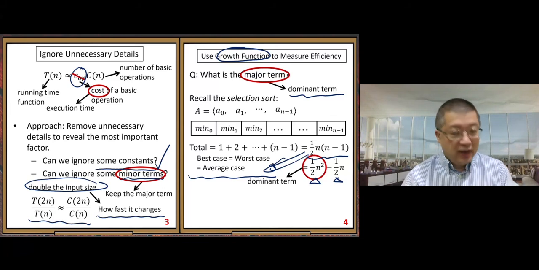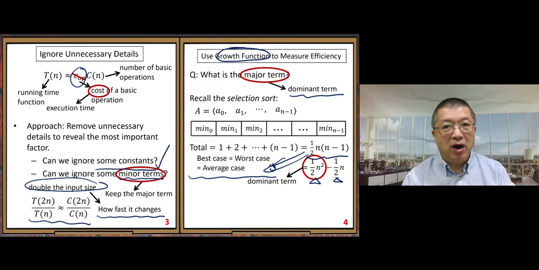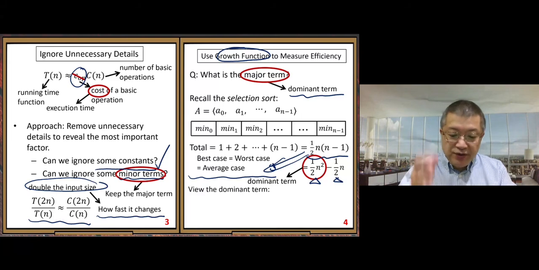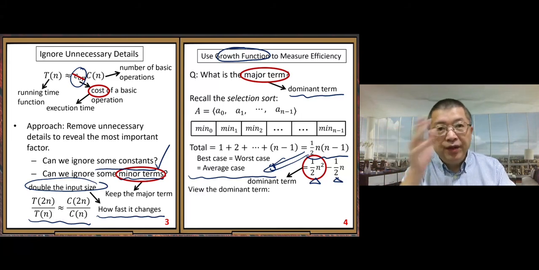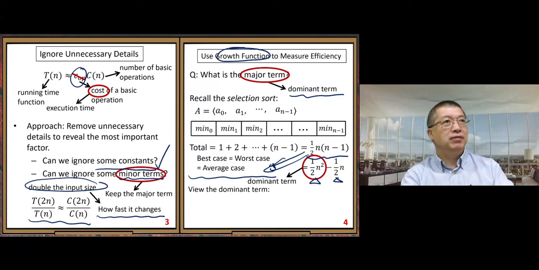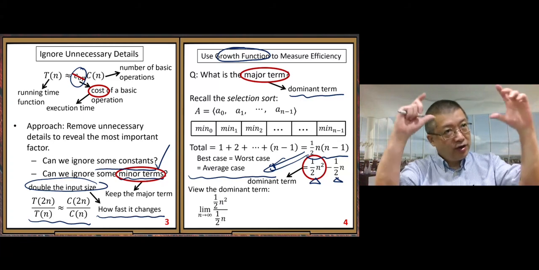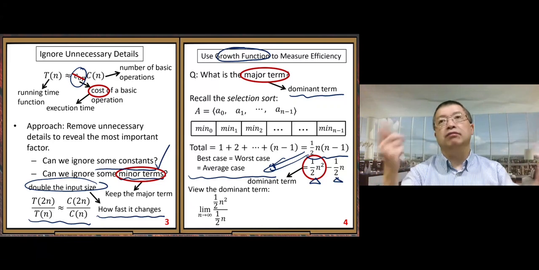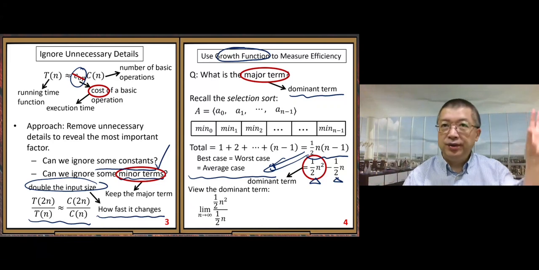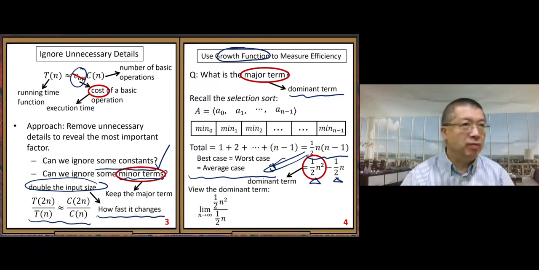All right, then let's look at the dominance part. View the dominant term through a simple limit calculation: the first term over the second term. We don't need to take that negative sign, that's not important.